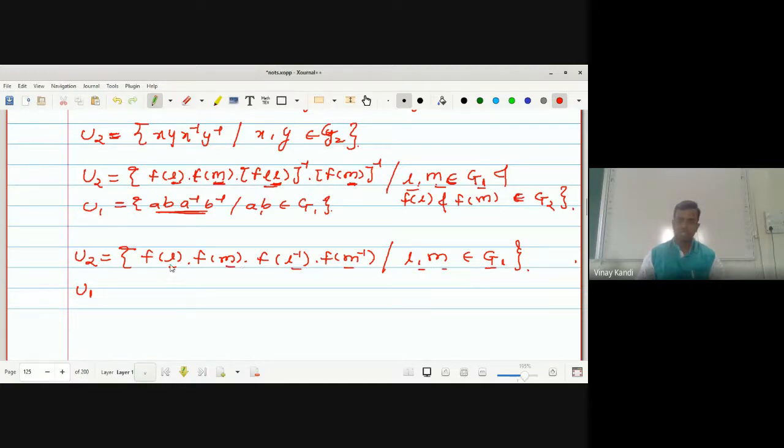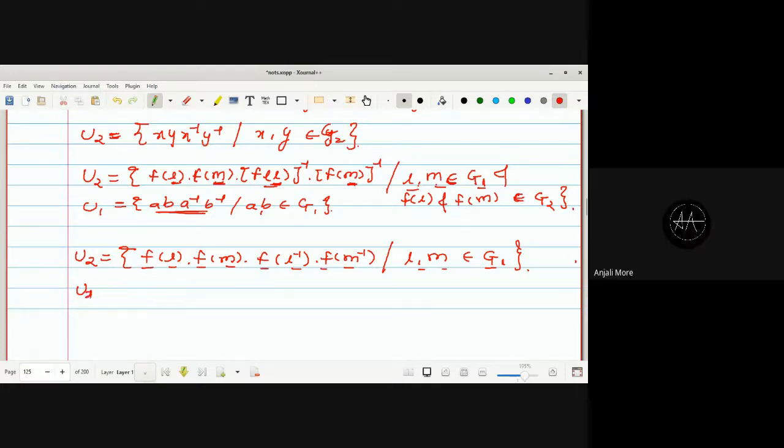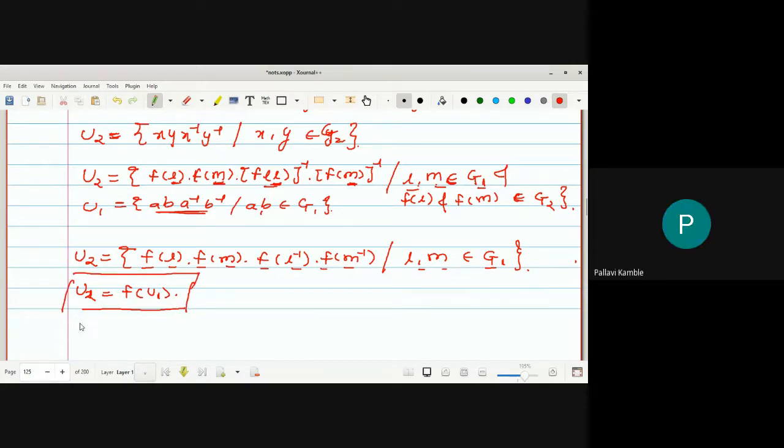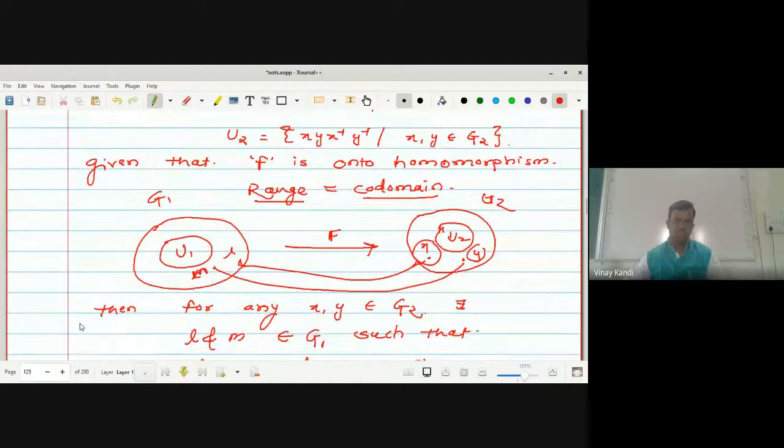So f was applied on an element of U1. Is it correct? Yes, sir. That is f of U1. So U2 is equal to f of U1. The image of U1 is nothing but U2.